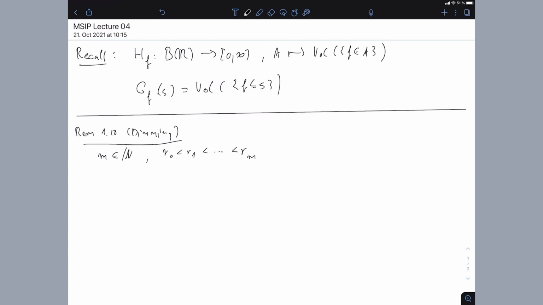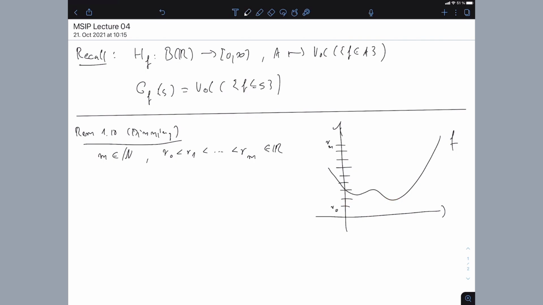These are just the sorted values, and let's make this picture again. Here we have some function f, which you can think of as a continuous image. You can also think of a pixelated image. Then we put the different r's here. Here's r_M, here's r_0, and for every one of these intervals, we check where f takes values in it.